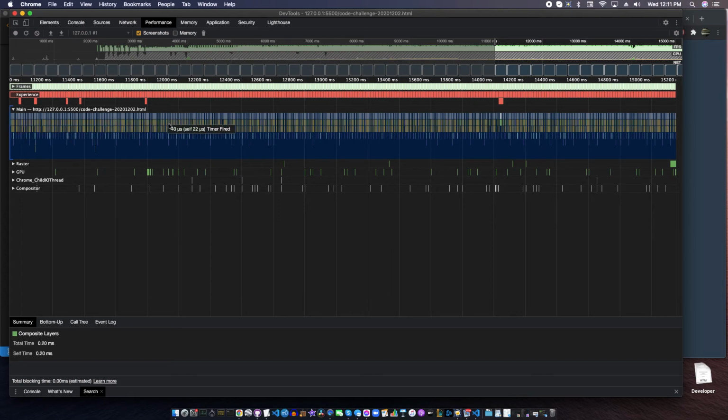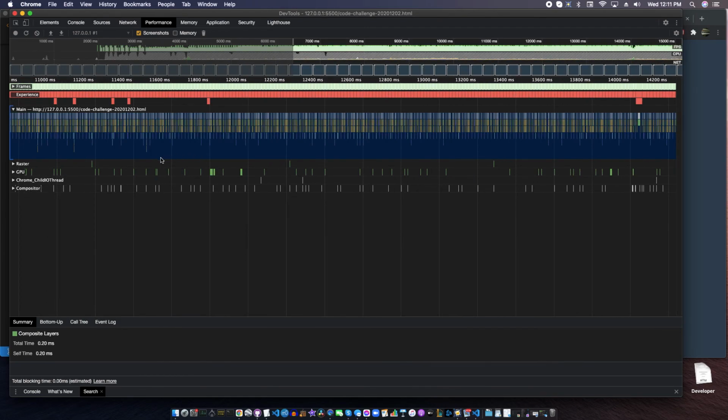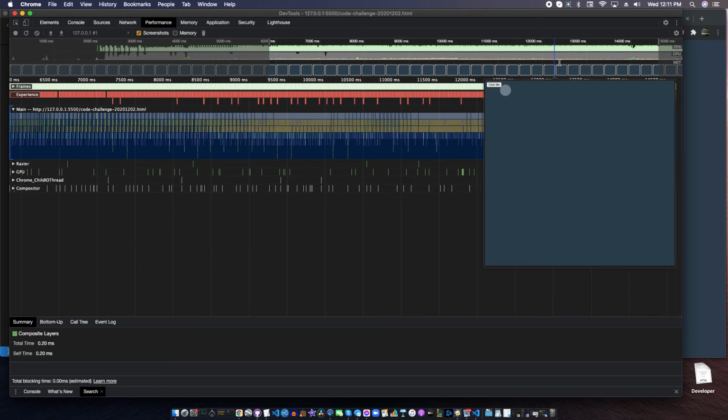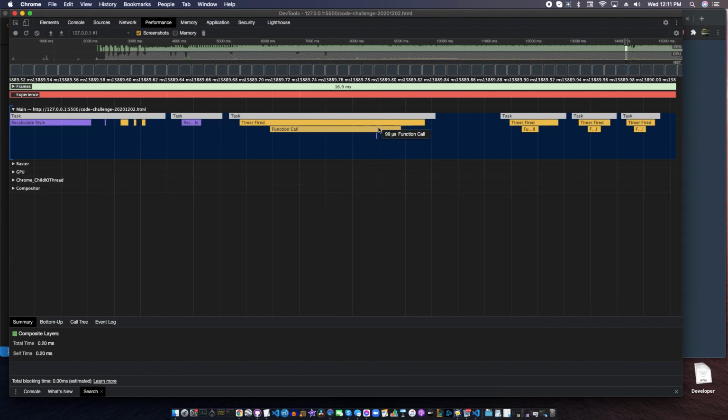It doesn't show inputs. It might show processing inputs. Well, anyway.